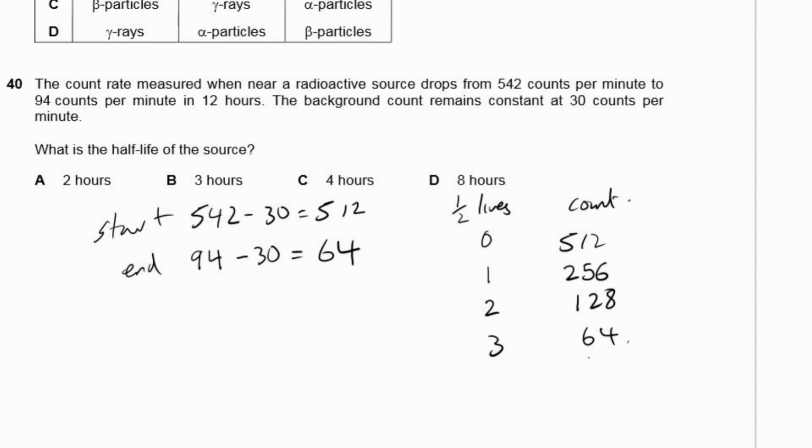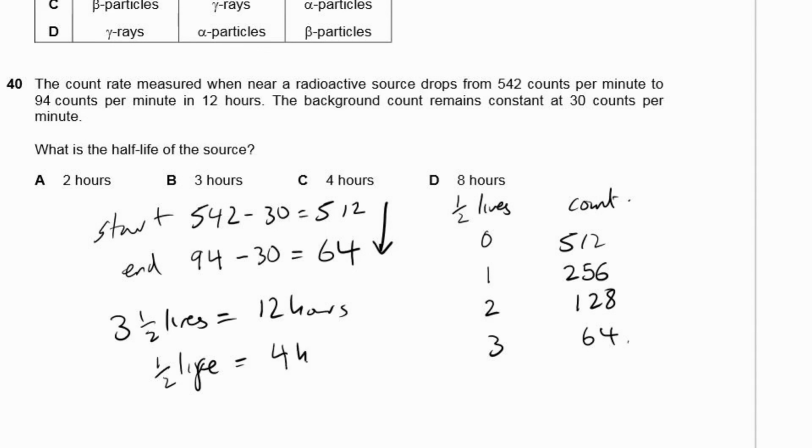So we can see it's taken 3 half-lives to go from 512 to 64. Now, 3 half-lives happens in 12 hours, so 1 half-life is 12 divided by 3, which is 4 hours.